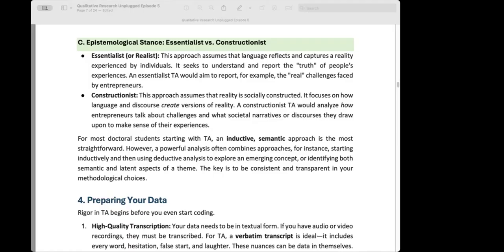For example, with the strand of inductive and deductive, you may want to combine both, because if you commit yourself deductively to your theory or your presumptions before you went into the field, then you close yourself off from other things that the data may be suggesting to you, which may not be helpful. So you may want to open your eyes to see that there may be new things the data is telling you. That opening up is also very good. So that combined approach may be important for you.